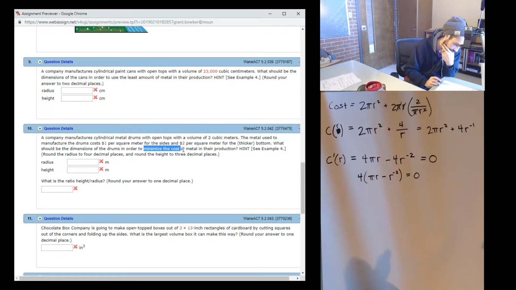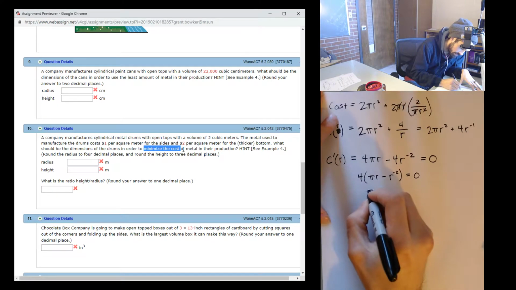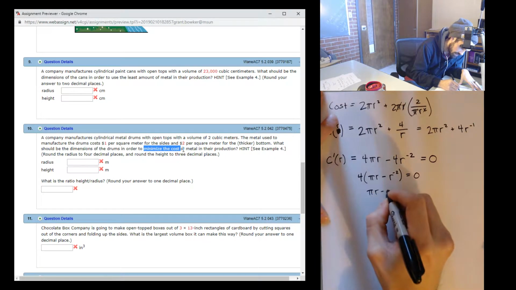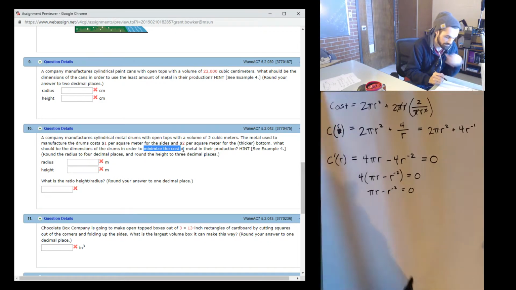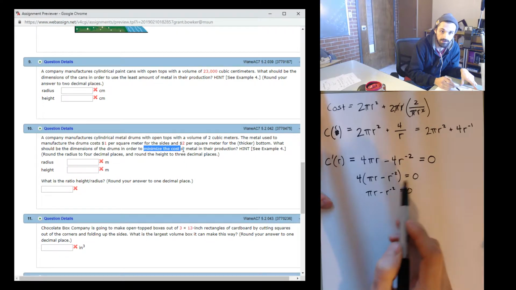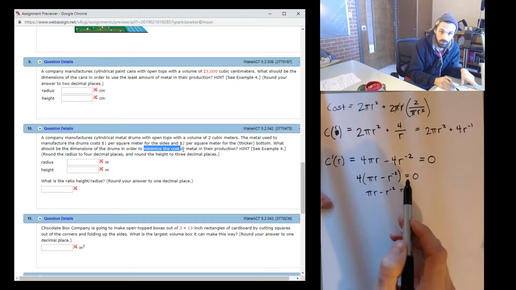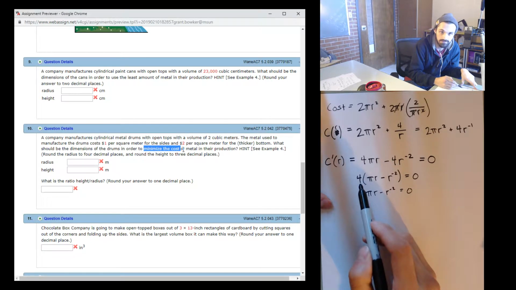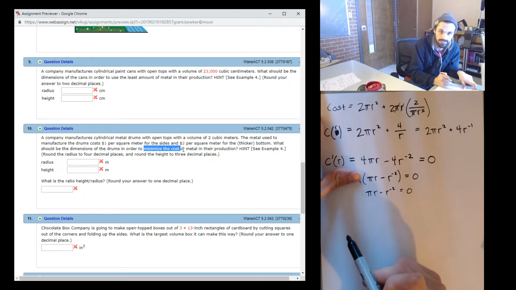I can divide both sides by 4 and then look at pi r minus r to the negative 2 equal to 0. If the product of two things is equal to 0, then one of these two pieces has to be equal to 0. Well, 4 is never 0, so we simply get to focus on this piece being equal to 0.